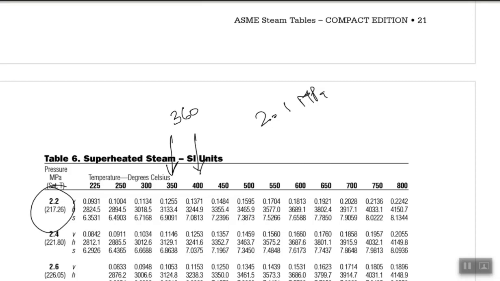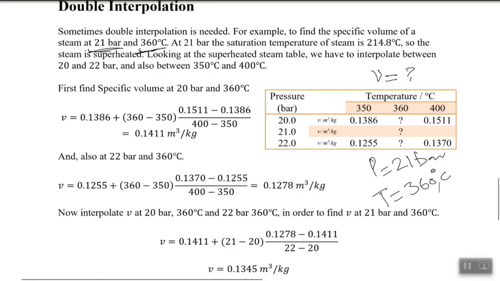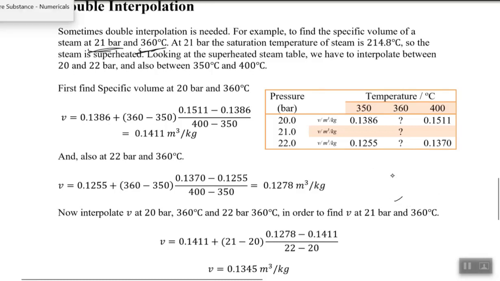So let's make it easy. Let me find this from the steam table. Let me rewind it again. I have a pressure of 20 bar, which is 2.0 megapascal.